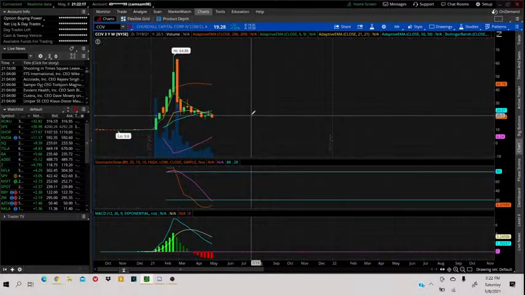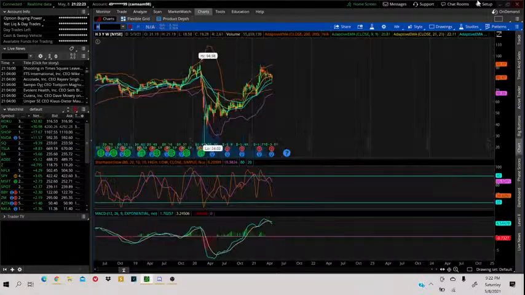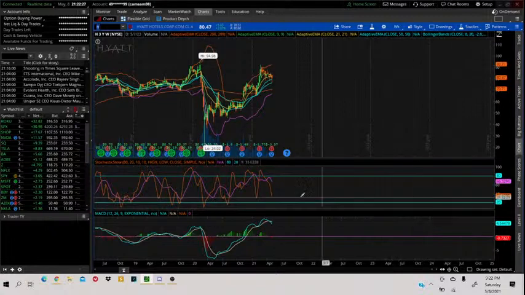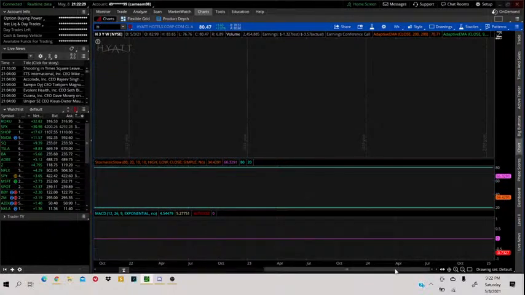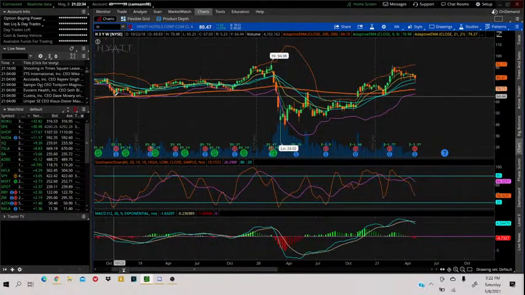Whenever you start on a stock that you want to chart, let's do H, you go to the higher time frame. My highest time frame is weekly. I don't go more than weekly because there's no need to.